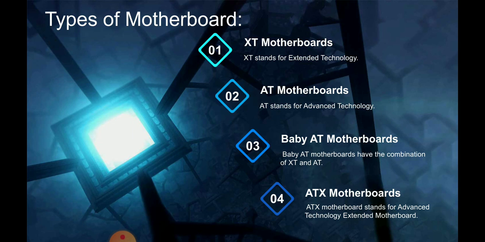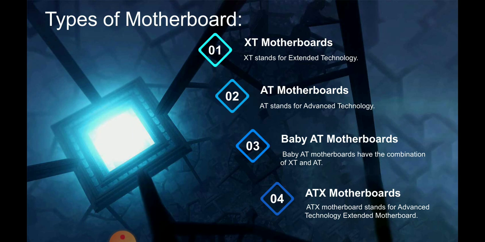Here both the 12-pin connector and the 20-pin power connector are available, and all the ports are also available. The examples are Pentium 3 and Pentium 4 processors.